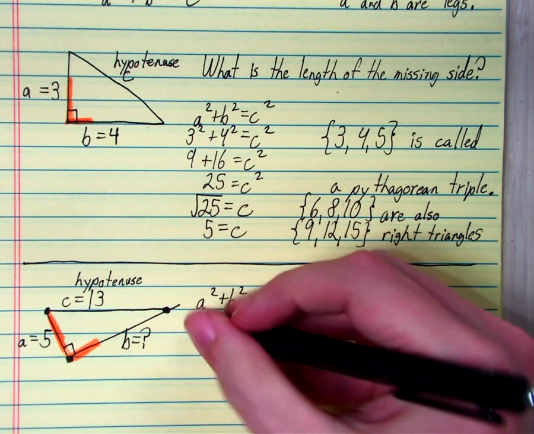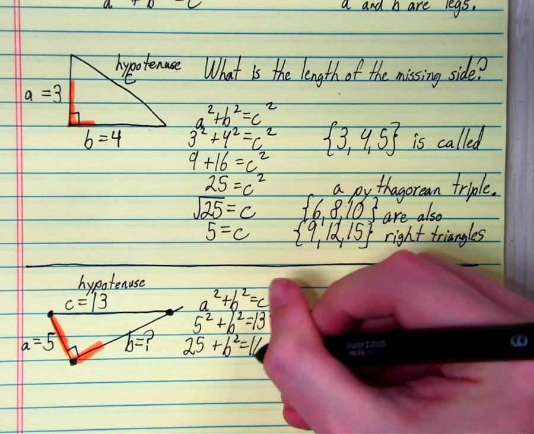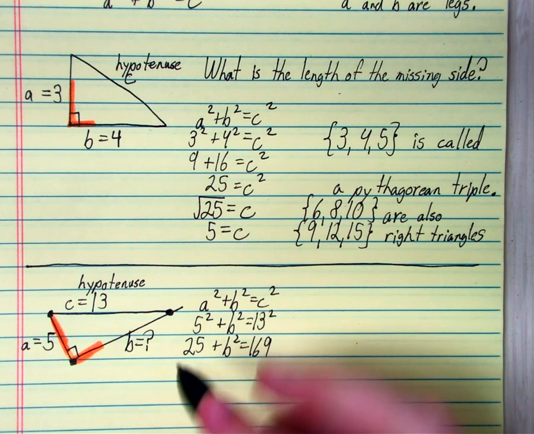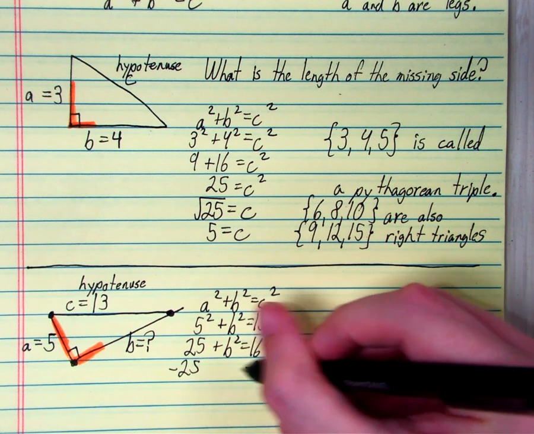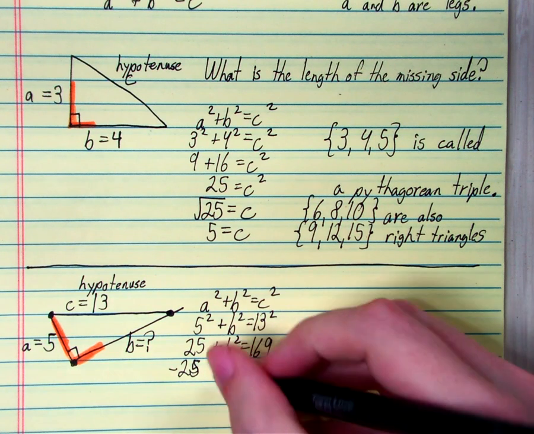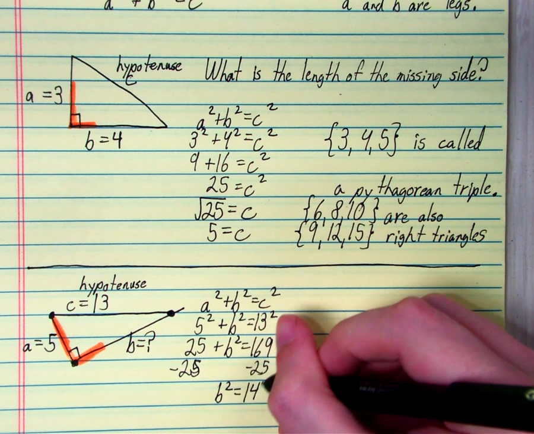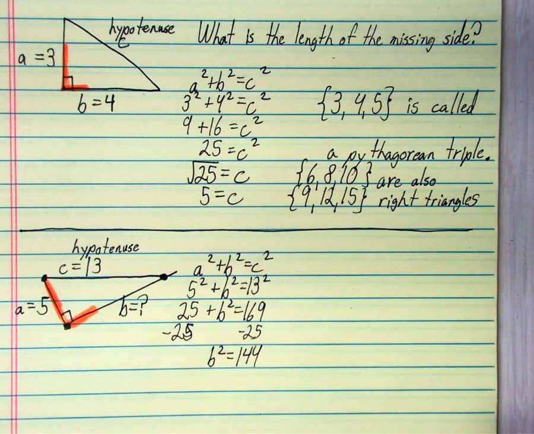We evaluate in our calculator, getting 25 plus b squared equals 169. We would subtract 25 from both sides, to get b squared by itself equals 144. Remember, we will have to square root.